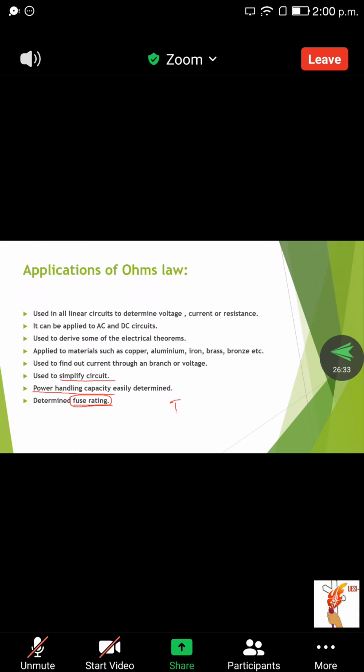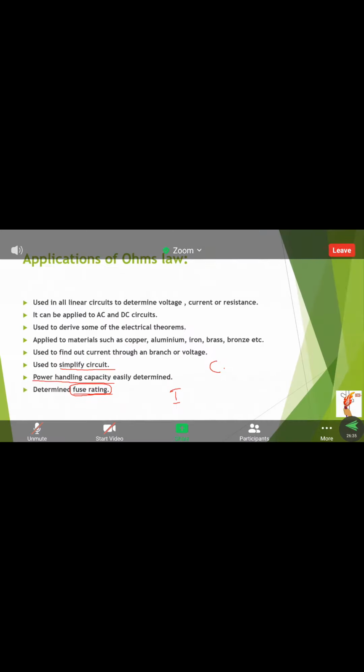From the relationship, if we find out the I value, for example, taking a copper conductor, how much current it can carry can be determined by means of the relationship. So what is the relationship?